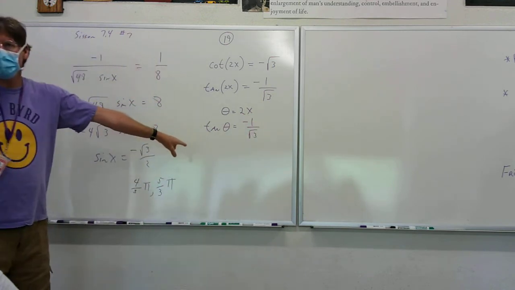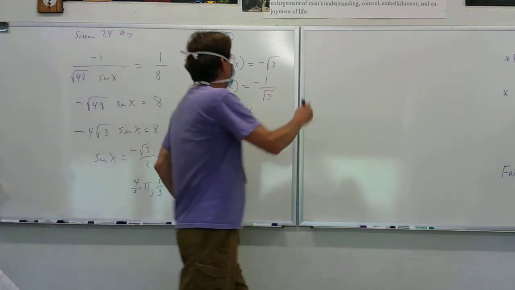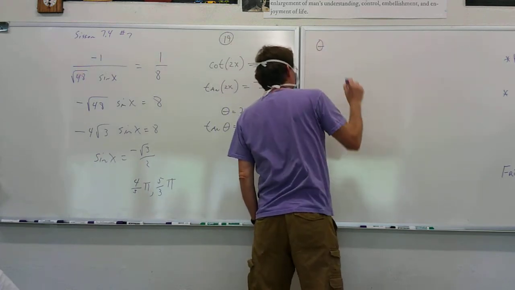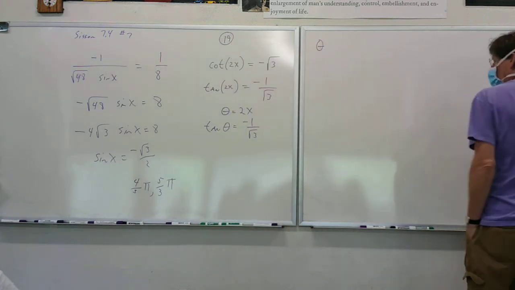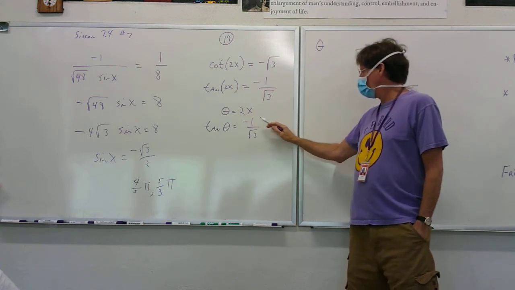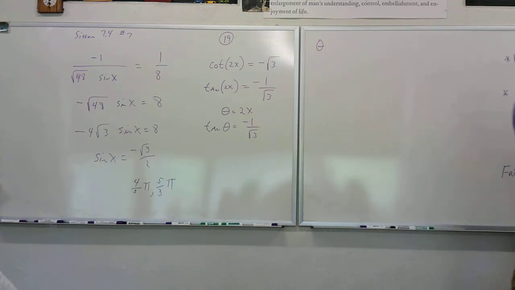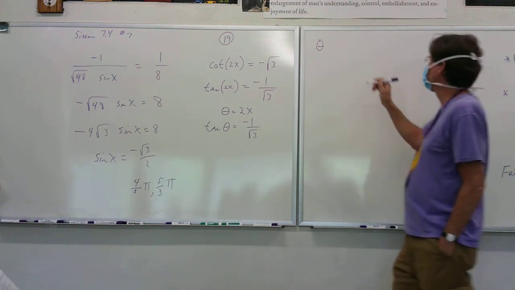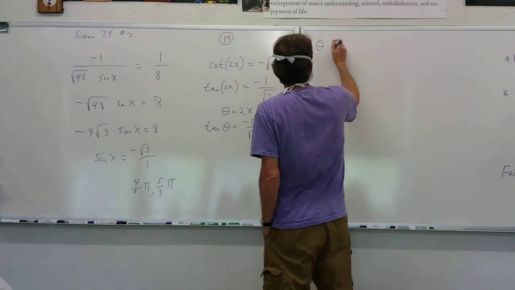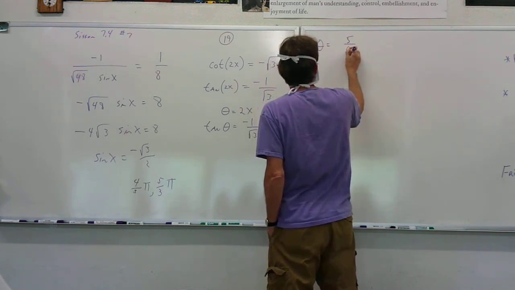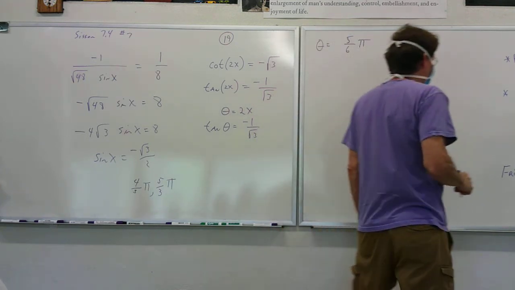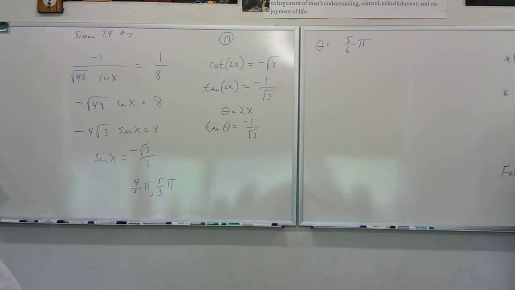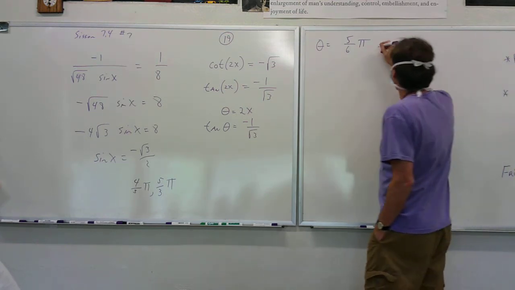Okay, once you get here, make sure you list that these are thetas, not x's. And it says tangent of theta would be negative 1 over square root of 3. I look over on my circle, and I find one of them is 5/6 pi. I find the other one is 11/6 pi.